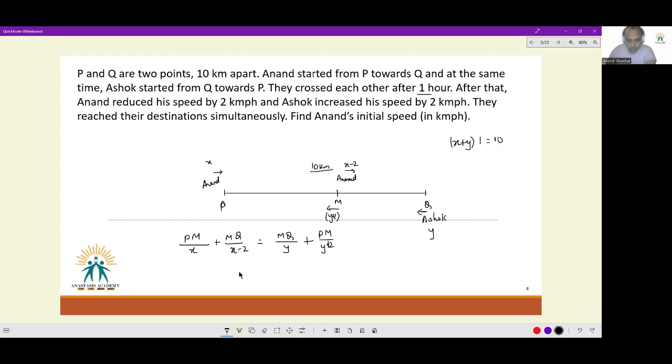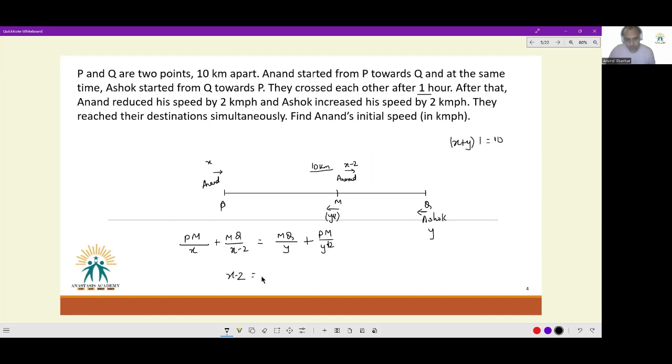Now, what this should tell you, just by observation of this equation, is that X minus 2 is equal to Y, or X is equal to Y plus 2. Only then would this equation balance out.